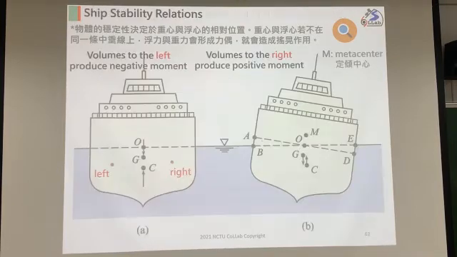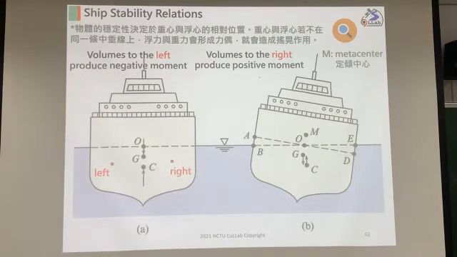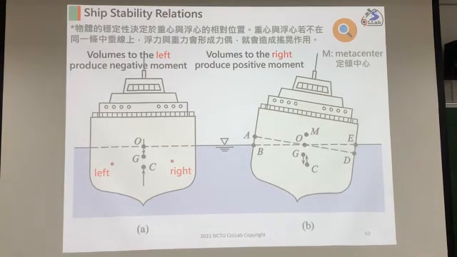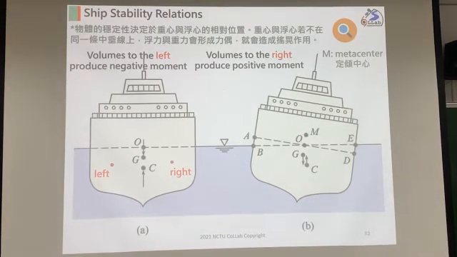Okay, right now we take an example like the ship. We have the ship floating on the water surface, and again we have the C, the center of buoyancy, and G, the center of gravity.